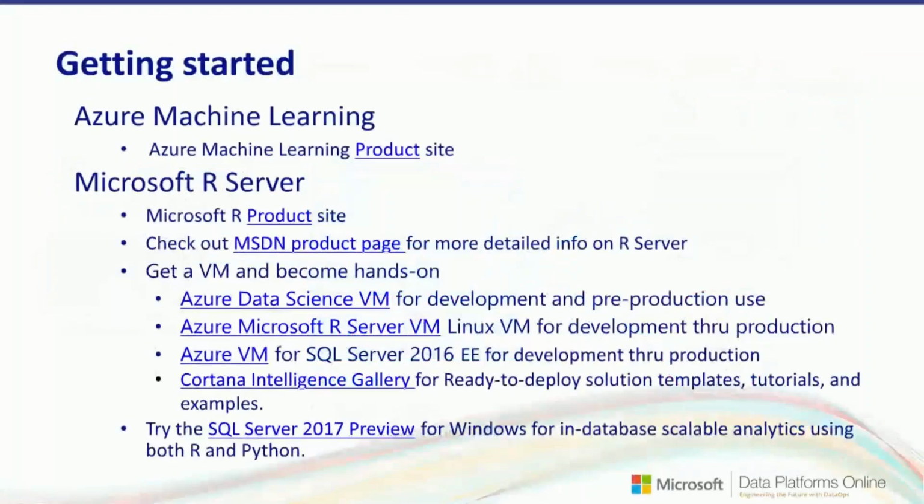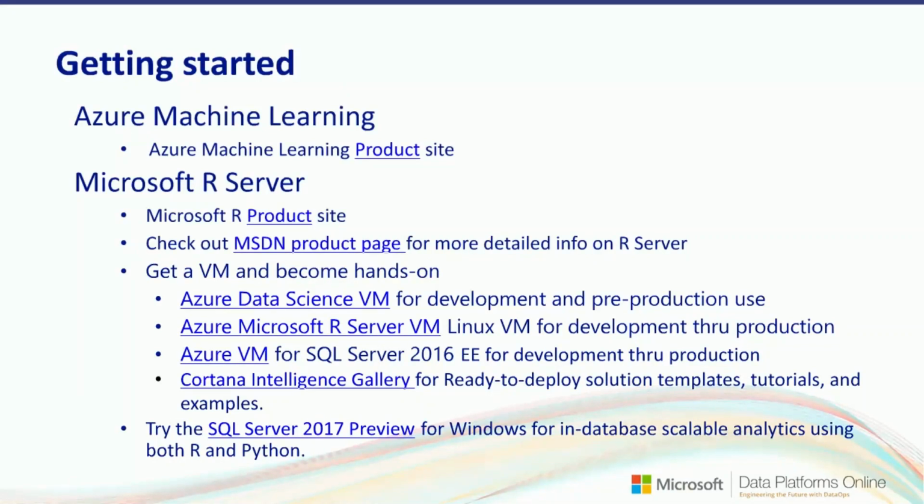So that's about all the content I have today. What I have here are some getting started resources. I would encourage you to go out and look at Azure Machine Learning and all the resources here for Microsoft R Server. In particular, the Azure Data Science VM is a pre-configured VM in Azure with development and evaluation editions of both R Server and SQL Server R Services, and a lot of related R tools.